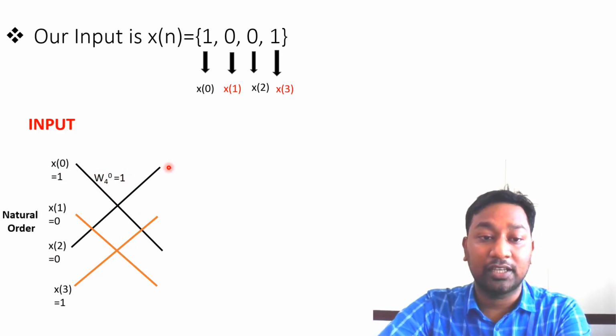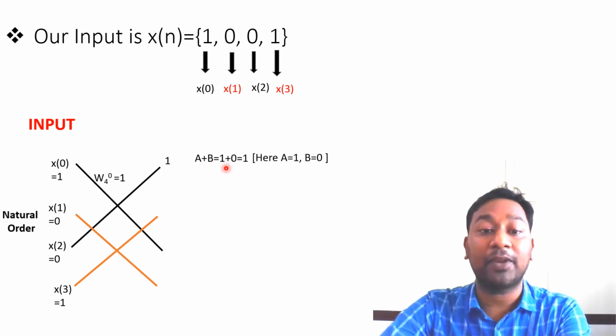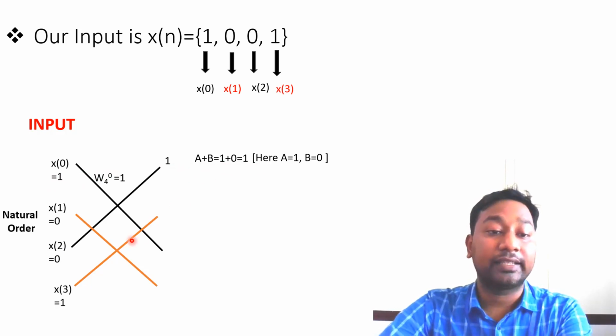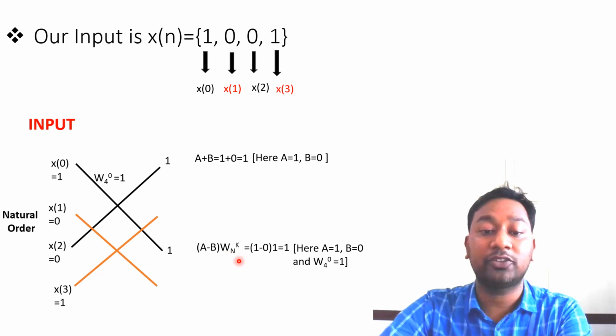The first output is the direct addition, 1 plus 0, which is 1. The second output is a minus b into omega N to the power k, where omega 4 to the power 0 is 1. So we get 1 minus 0 into 1 equal to 1.